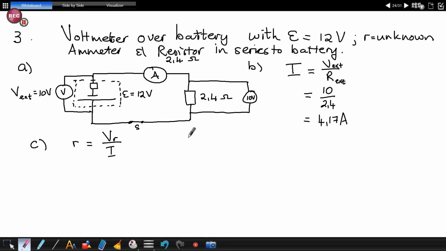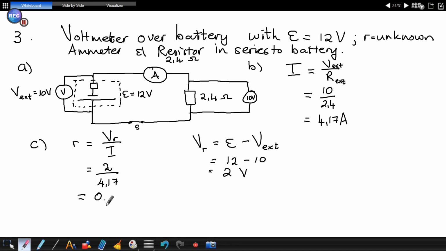I subtracted it from the... So this is the first thing you have to do. You have to say E minus the external. Yes. Okay, so that is 12 minus 10. So that would be 2 volts. So the lost volts is 2. Okay, so it's 2 over 4.17. Yes. Which is 0.48.